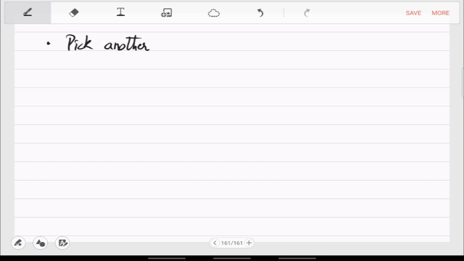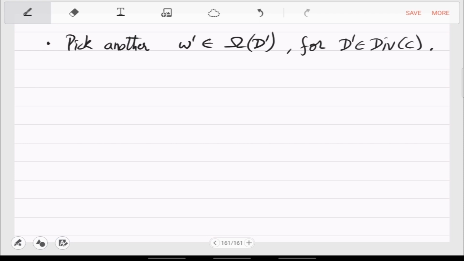Pick another omega prime which is coming from omega D prime. Omega is in big omega D and omega prime is in big omega D prime, and these D and D prime are independent. So now what is the way to add them? This also we have to specify and show that it is again a differential.